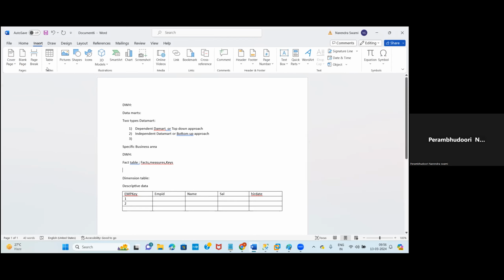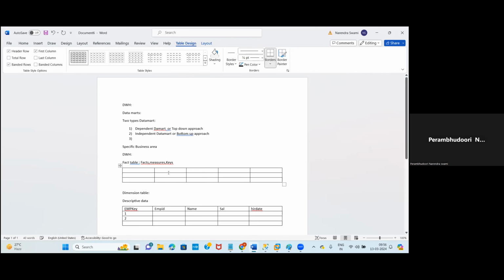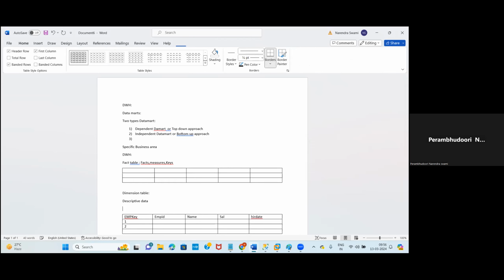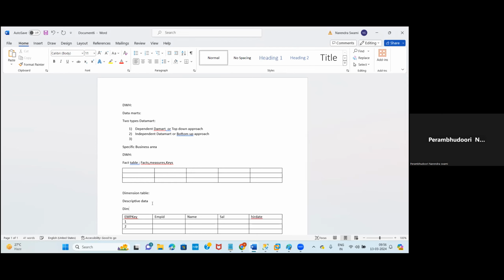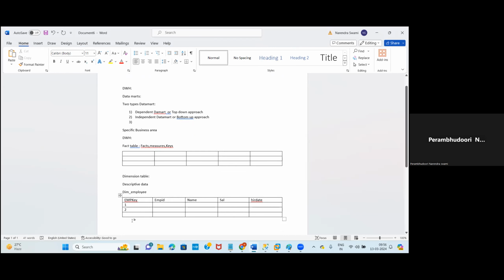So a fact table, as I said, has keys. We have dimension tables, which are always denoted with dim. Dim employee is one dimension table. And we'll have one more dimension table called dim customer.